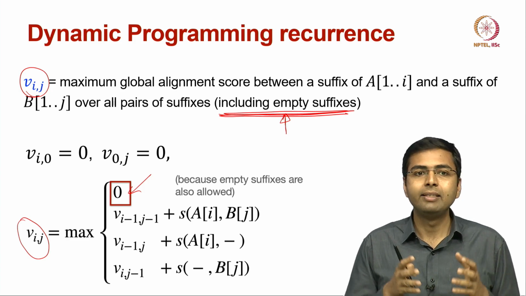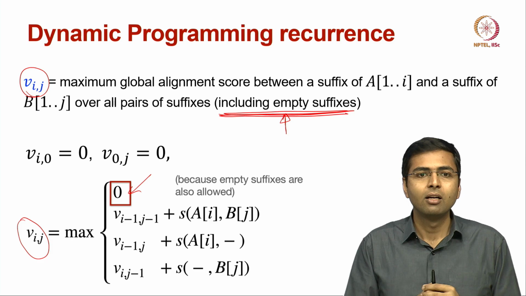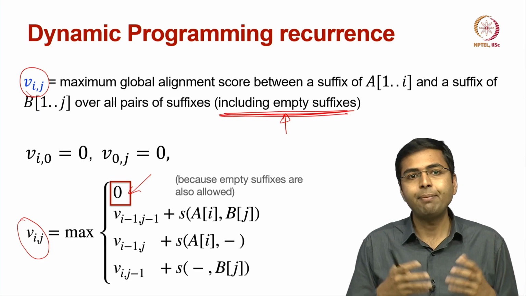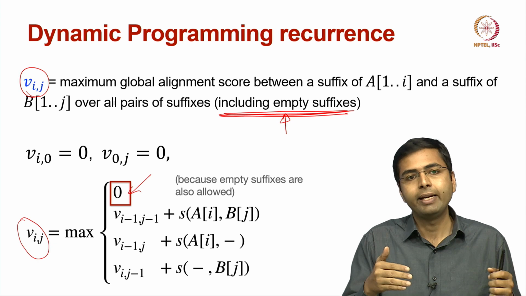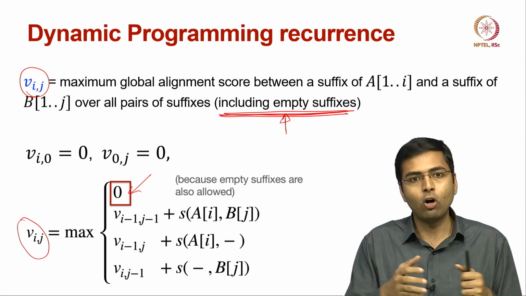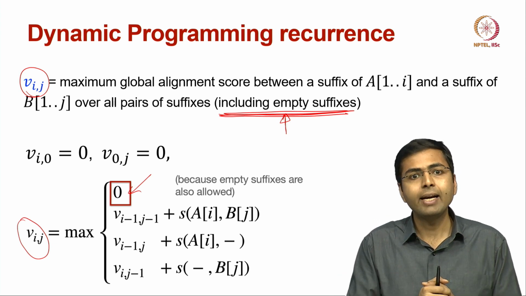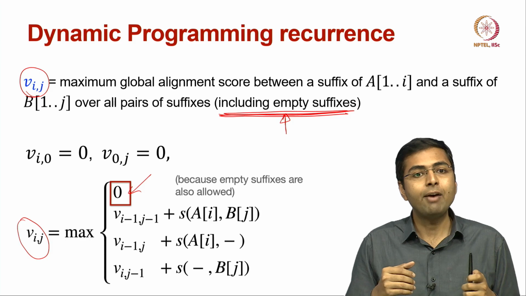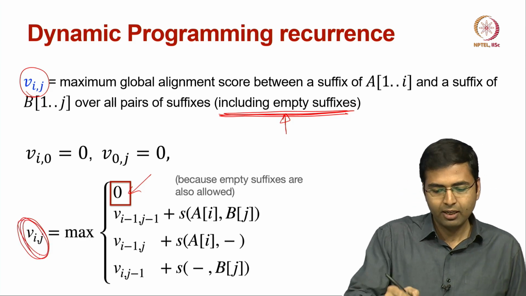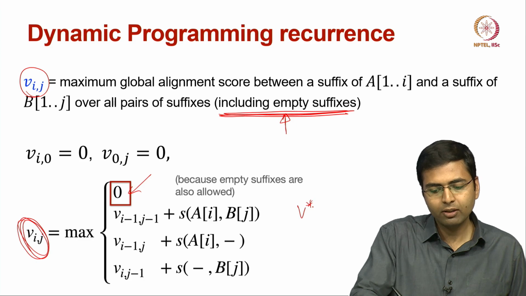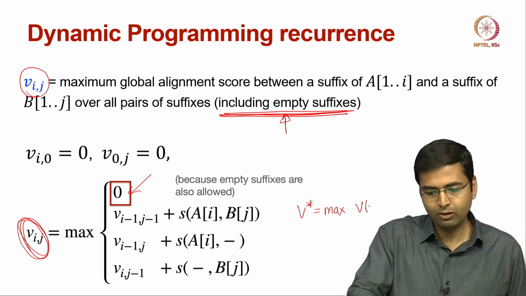So now that we have the recursion, the procedure is the same as before, that is, we compute the entire DP table either row by row or column by column, and from the DP table we have to look for the maximum value of Vij, because remember that the local alignment score is given by the maximum of these Vij values.